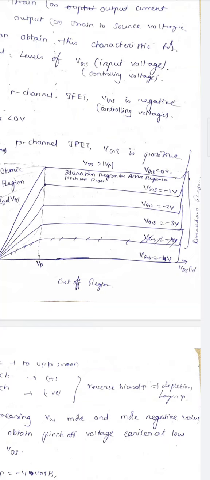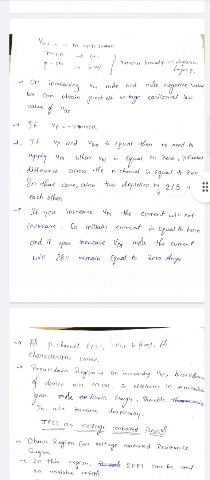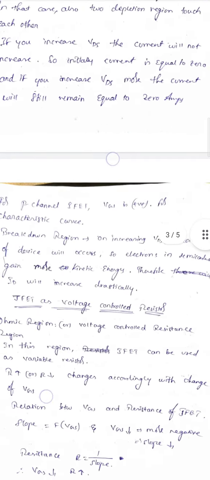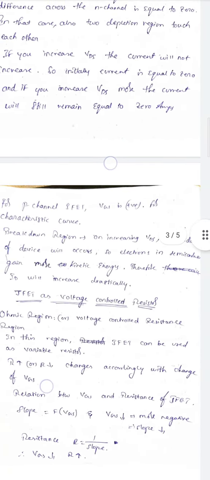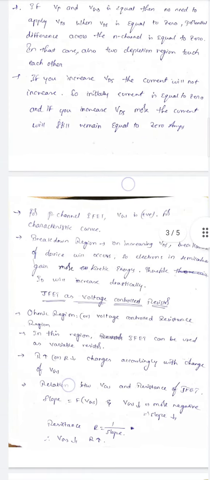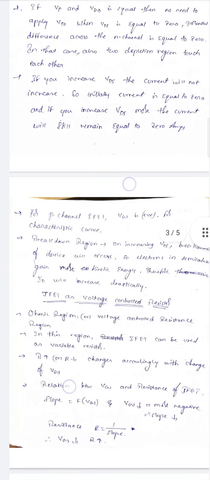This is happening because the electrons in this JFET gain more kinetic energy. On increasing the VDS, the breakdown of the device will occur. So electrons in the semiconductor gain more kinetic energy. Therefore, ID will increase drastically.